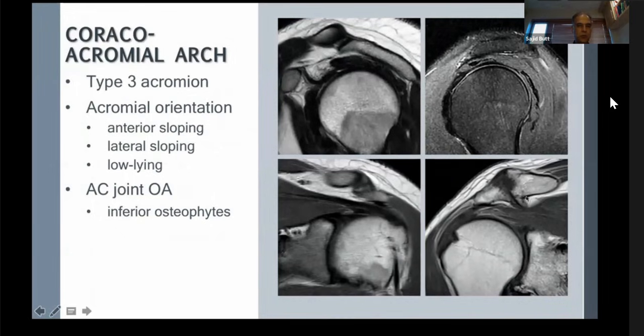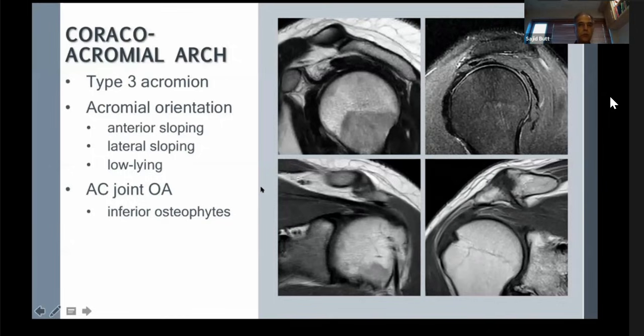You can see that more prominently here. So the undersurface of the acromion has a hook-like osteophyte, and this is called the type 3 acromion, and that impinges onto the supraspinatus and can result in a tear. If you've got acromioclavicular joint osteophytes, they can also cause impingement of the rotator cuff.